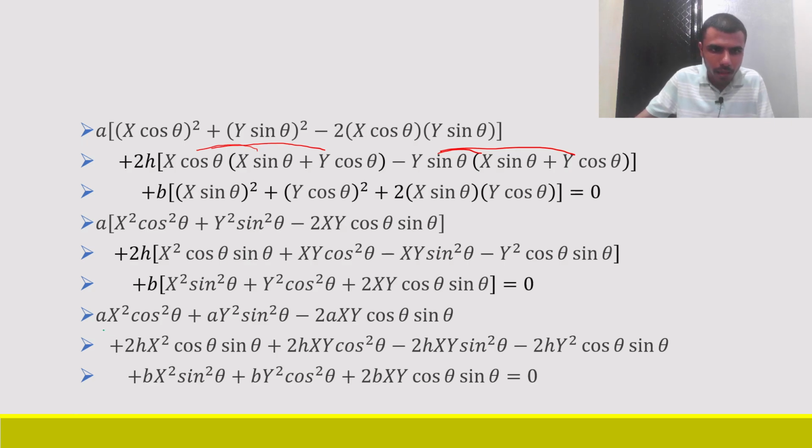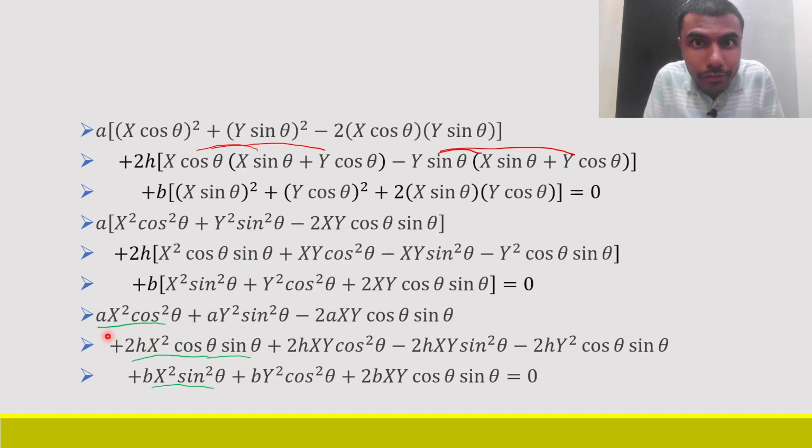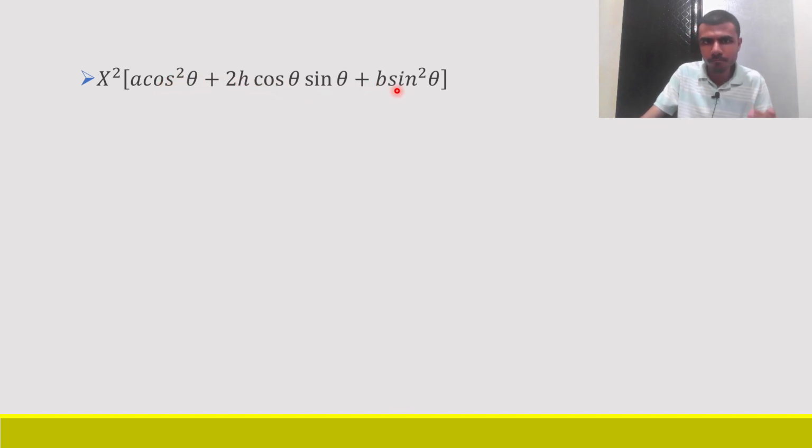See, x square is here, x square is here, x square is here. So if I take x square common, what I'm going to get is x square into a cos square theta plus 2h cos theta sin theta plus b sin square theta. Okay, if I take x square common from these 3 terms, fine, that's what I'll get.